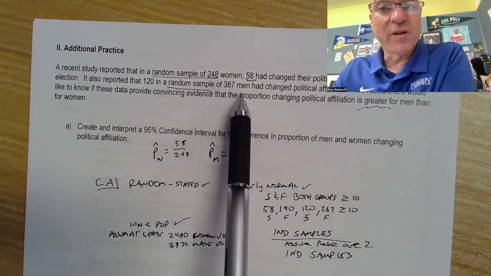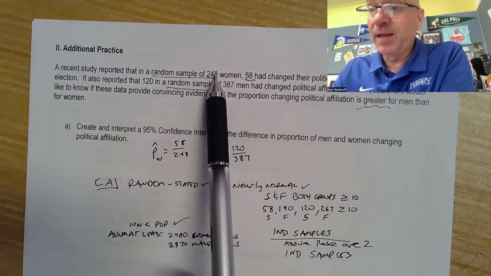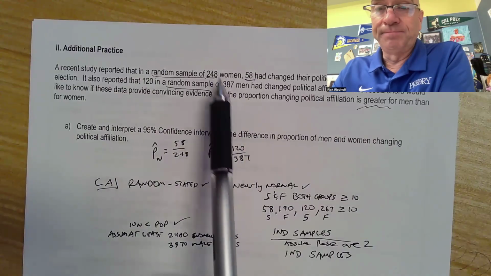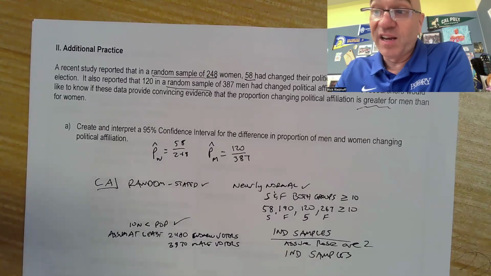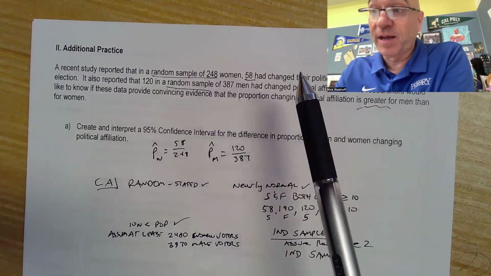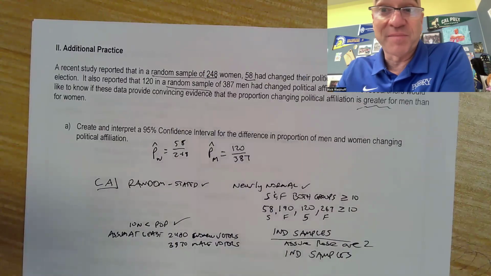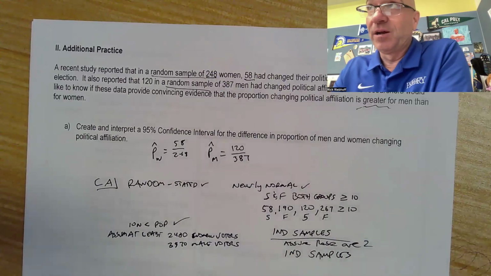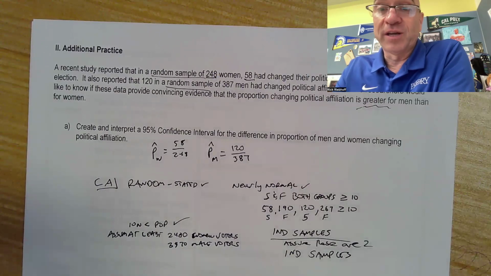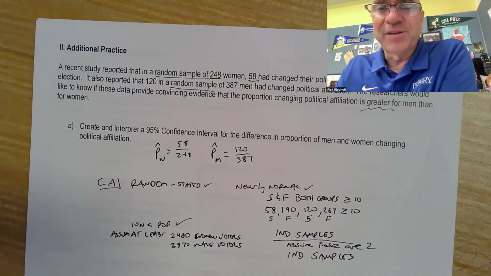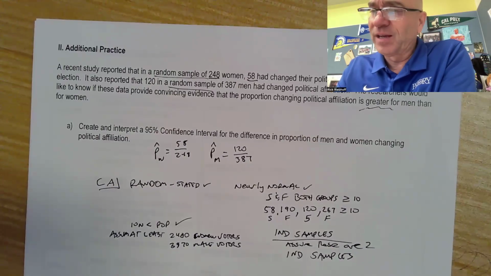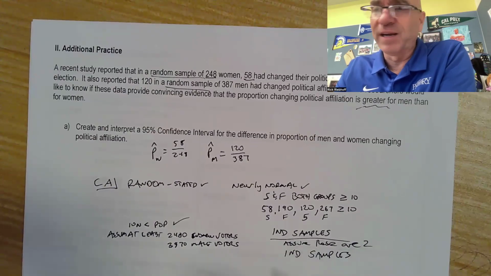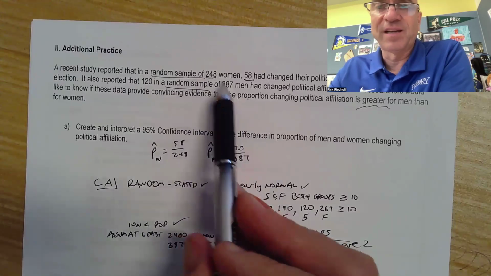If they were both 248 and maybe they were married couples, right? And they got the female in the married couple and the male in the married couple, and maybe they're not independent, right? Maybe people who are married to each other have the same political views, I don't know, right? So that would be kind of a paired thingy, right? So basically, is it not matched pairs? This is not matched pairs, not even the same size, right?